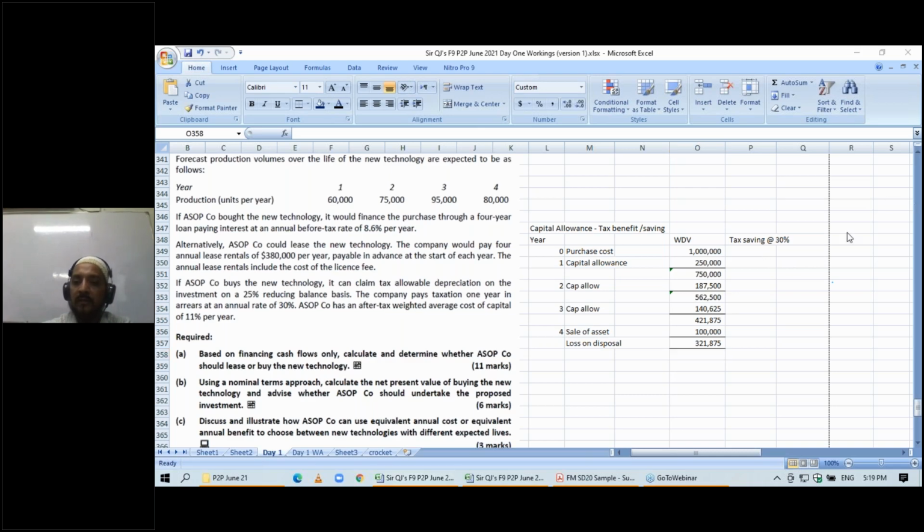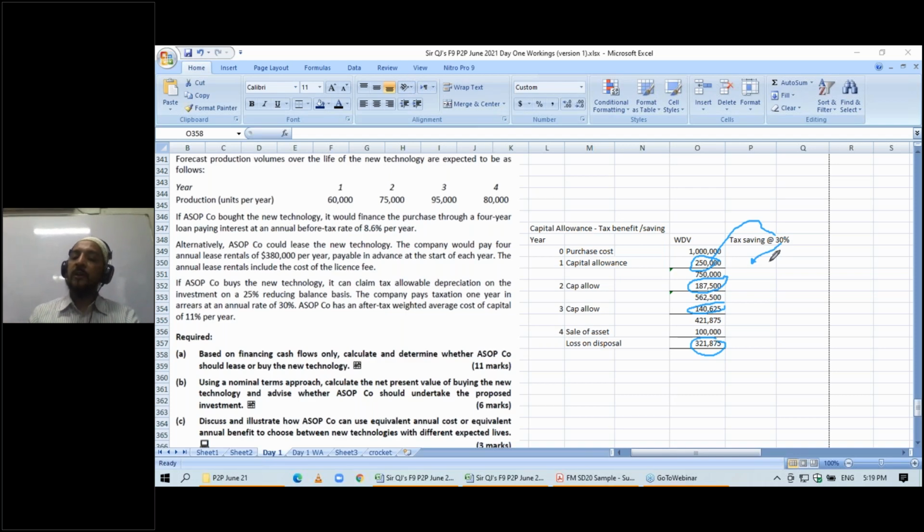Now what will you do? Calculate 30% of these amounts. 250,000 will be deducted from your first year income, 187,500 from second year income, third year 146,25 will be deducted, and the fourth year, not 100,000, it is 321,875, which is the loss. Now you will put a 30% rate on these and you will arrive at the tax saving. Why 30% rate?